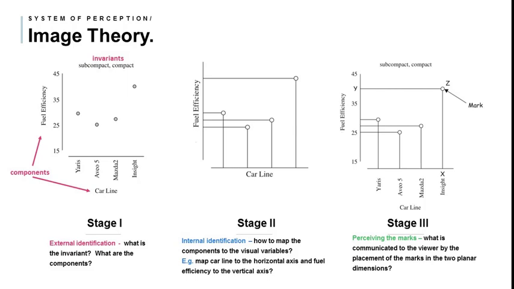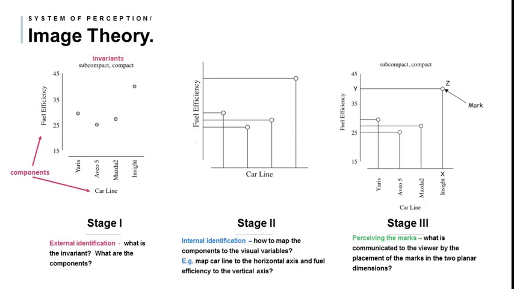That's stage 1. Stage 2 moves to what is called internal identification. Here we answer the question of how to represent this information. Here we mapped the car line to the horizontal axis and fuel efficiency to the vertical axis. Do we even use these sorts of axes, or do we use a different style of representation?